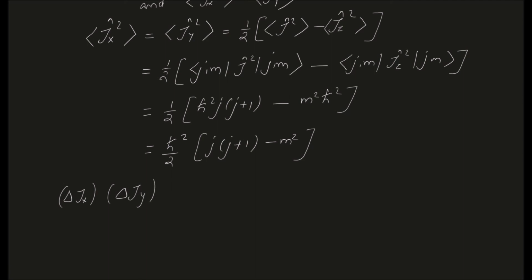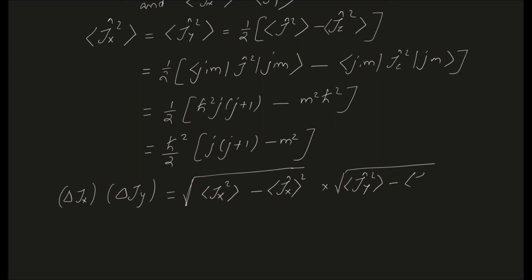So this is given by the square root of the expectation of jx² minus the square of the expectation of jx, into, for delta jy we can write the square root of the expectation of jy² minus the square of the expectation of jy.